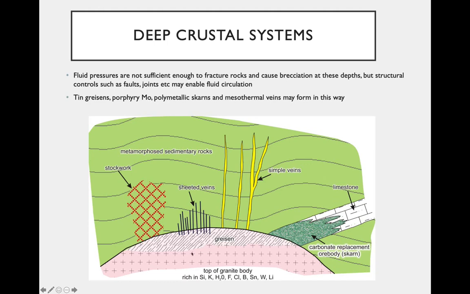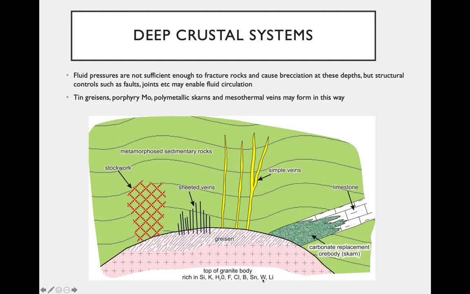So here's the top of the granite. We can form this greisen zone where we've concentrated the fluids. These systems have stagnated at deeper levels because of lower temperatures, as well as reduced conditions. They contribute to distinct metal deposits. These are common S-type systems.